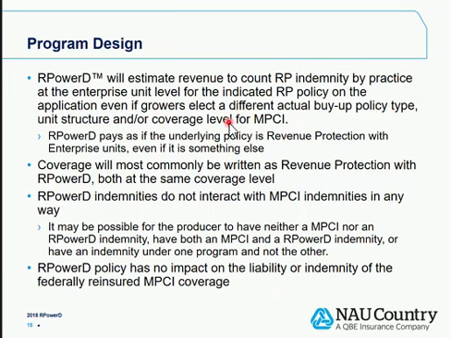The RPowerD will be done on an enterprise unit basis, as you can see right there. And when we do the loss, we'll take the information from the underlying coverage and adjust it like it's an enterprise unit.